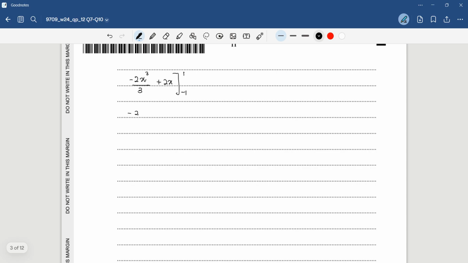So it will be negative 2 (1) cubed over 3 plus 2 (1), minus negative 2 (negative 1) cubed over 3 plus 2 (negative 1). So you press this in your calculator, you'll get 4 over 3 minus negative 4 over 3, which is going to be 8 over 3.